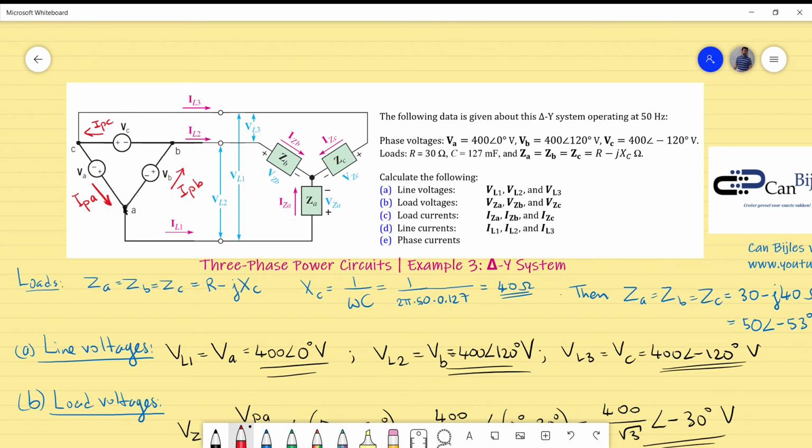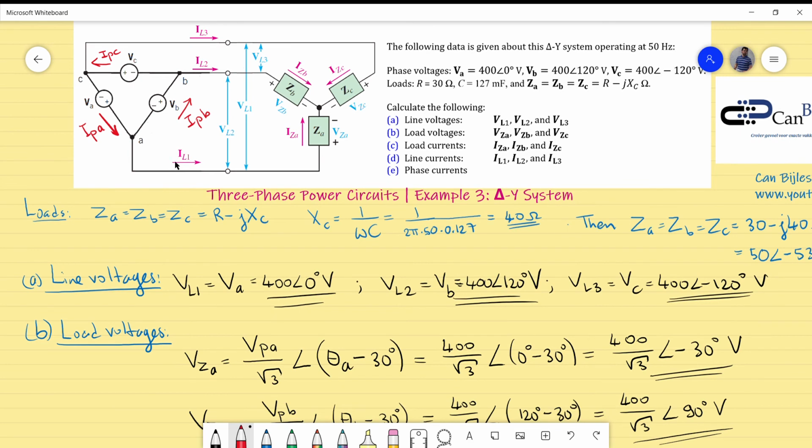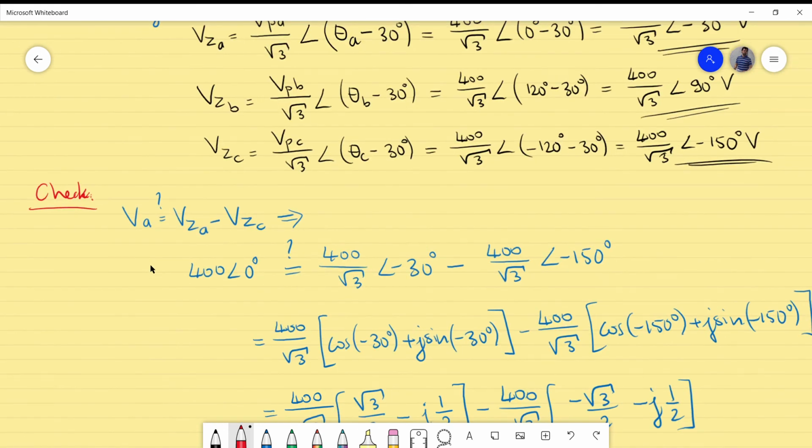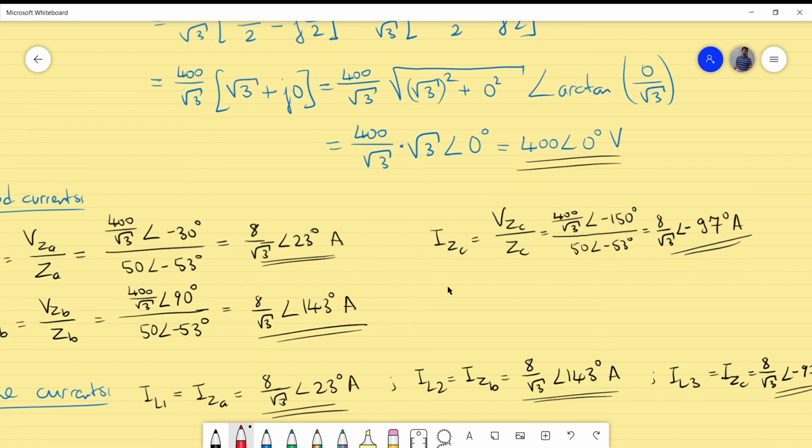So I can check that. If this is correct, then I can say, okay, the phase currents here are correct. And you can do exactly the same check for point B and point C, so that you can verify the formula. So what I want to do is the following. Is IL1 equal to IPA minus IPB? Okay, so we will move again to the analysis all the way down for the check part.